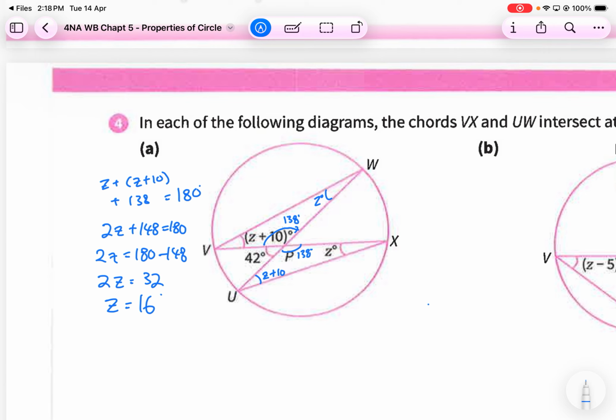Okay? Can you all see? They want you to use the same property again. From W and V, you have this horn. W and V, you have this horn. So this horn, same angle. Okay?